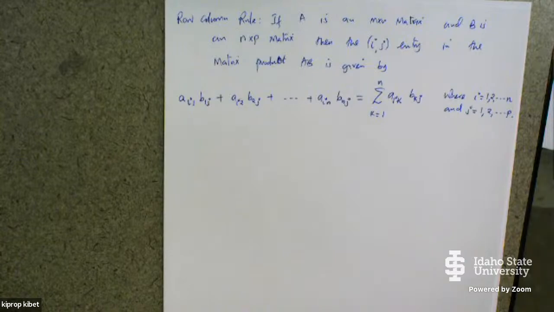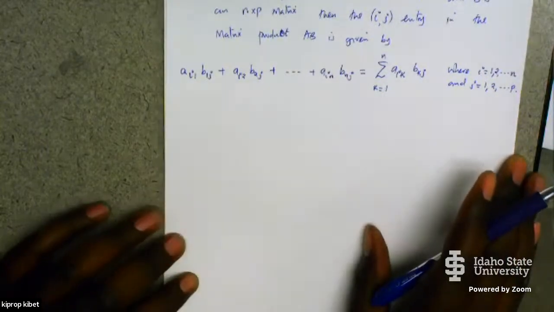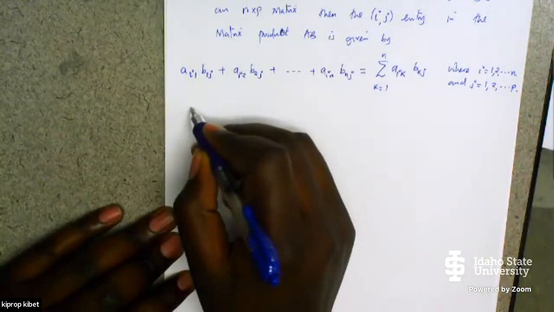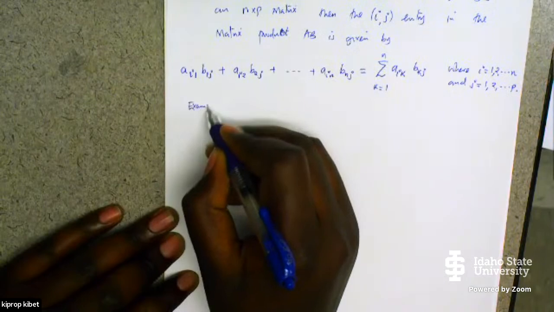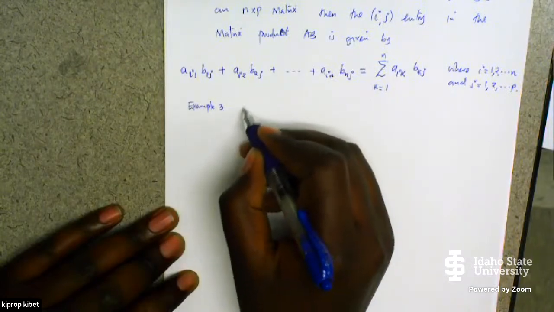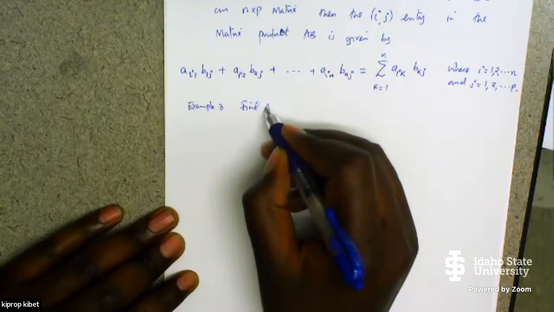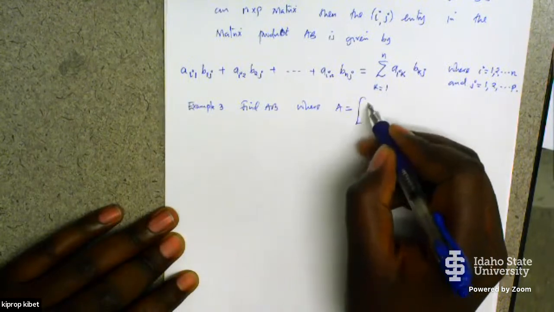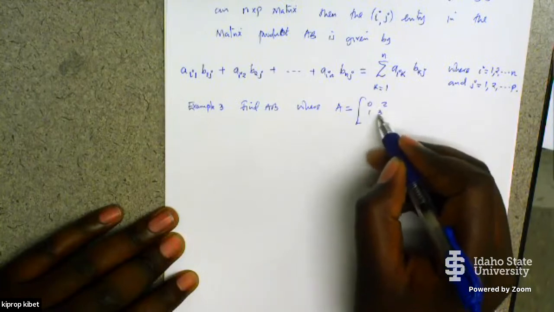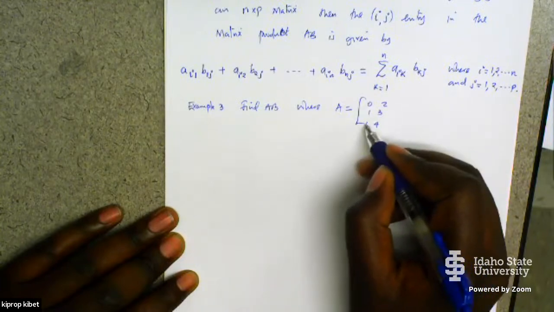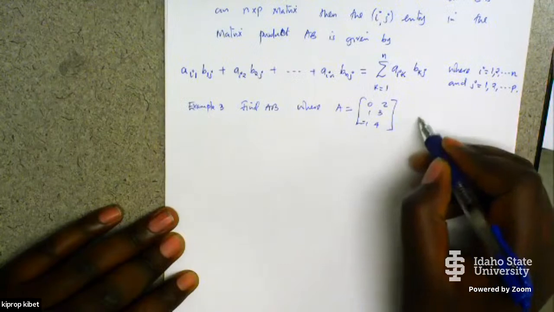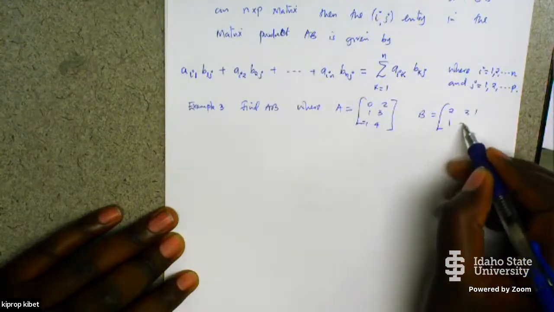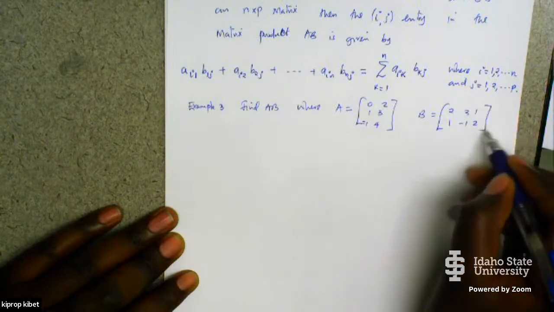Okay, for example, we still have like 2 minutes. Example number 3: find AB where A equals [0, 2; 1, 3; -1, 4] and B equals [2, 3, 1; 1, -1, 2].